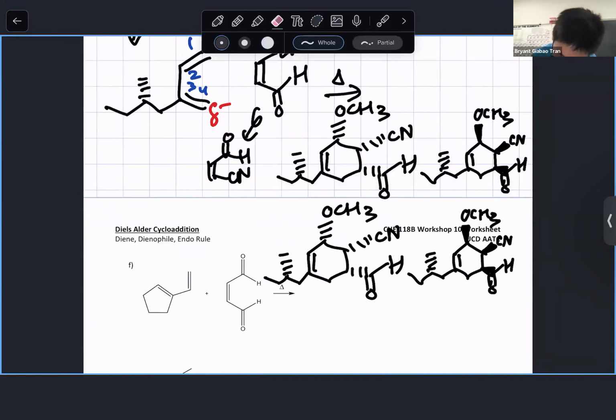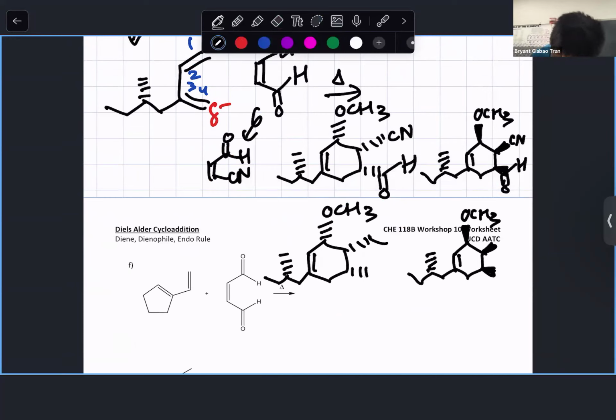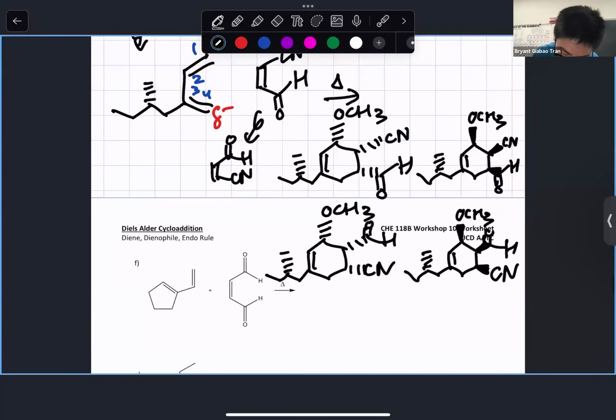But now aldehyde on top, nitrile on bottom. Wait, let me make this smaller.